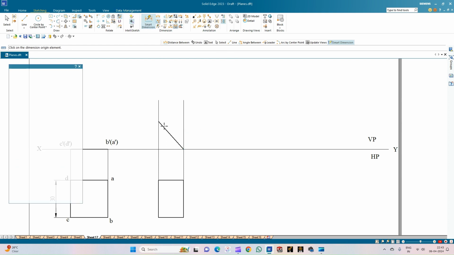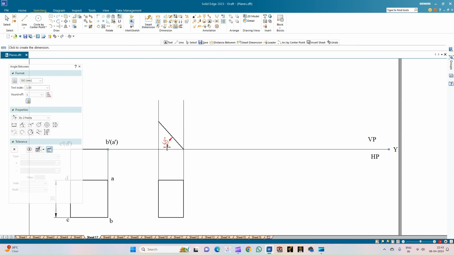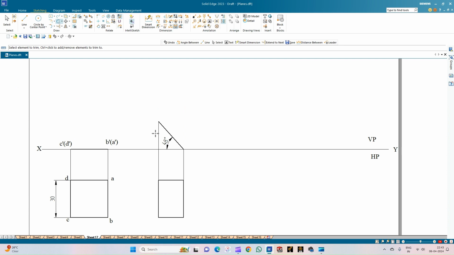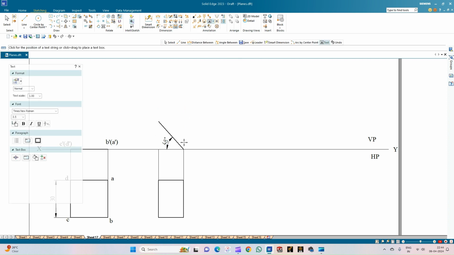So coming to the inclination with respect to the HP, it is 48 degrees. So now we can just use the trim option and trim these projection lines, which were the extension. So now we will annotate this. So this is B dash, A dash, or you can even measure this, and then keeping this as the point of center, cut an arc on this projection line and then transfer that line.